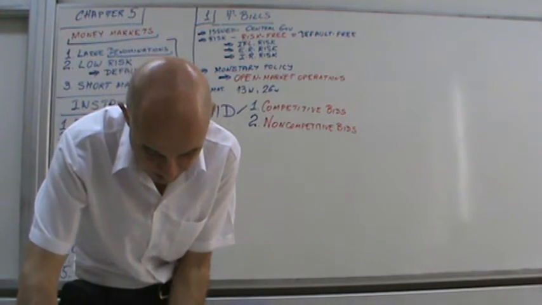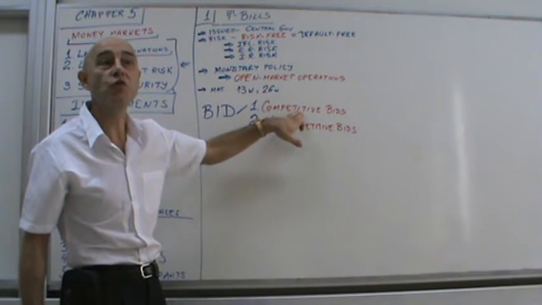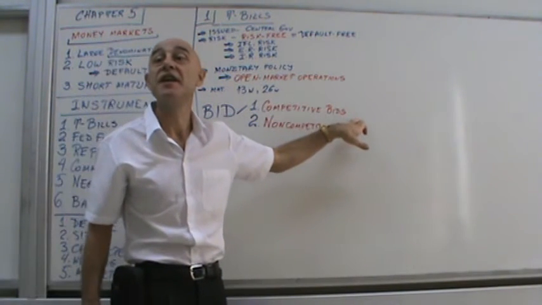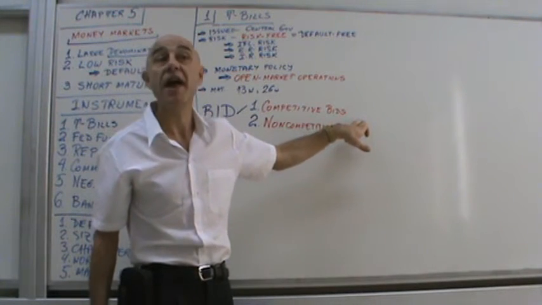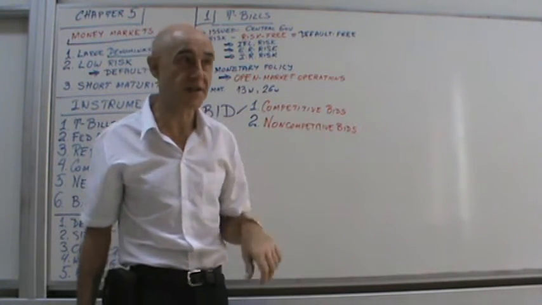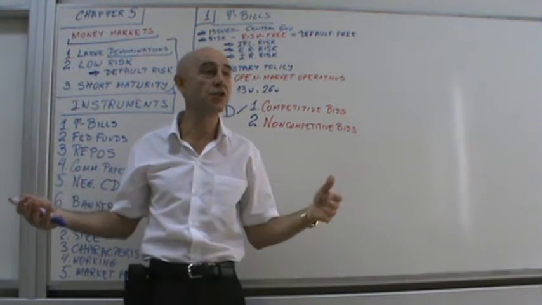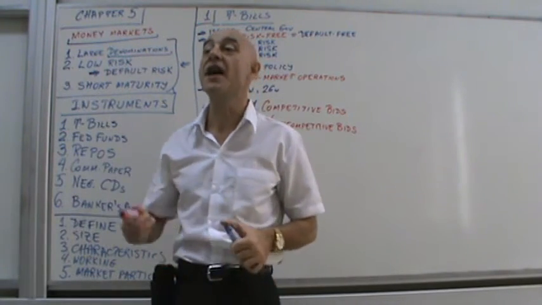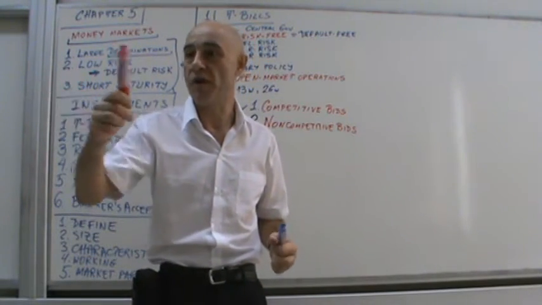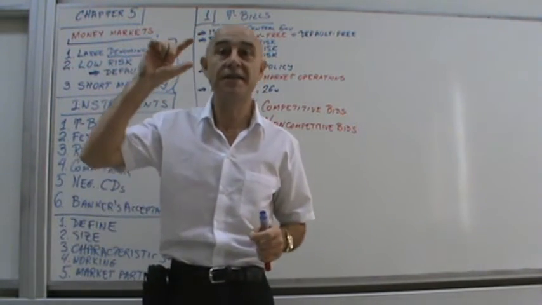Now let's see what's the difference. A competitive bid will specify the desired quantity and price. In other words, the government says, we are selling $1 billion of securities, and is asking how much you want. And you say, I want 1 billion at that price.